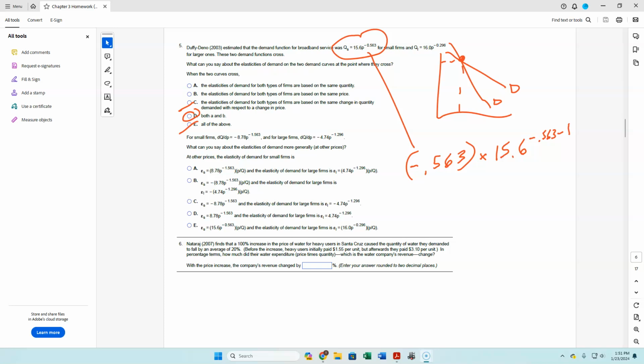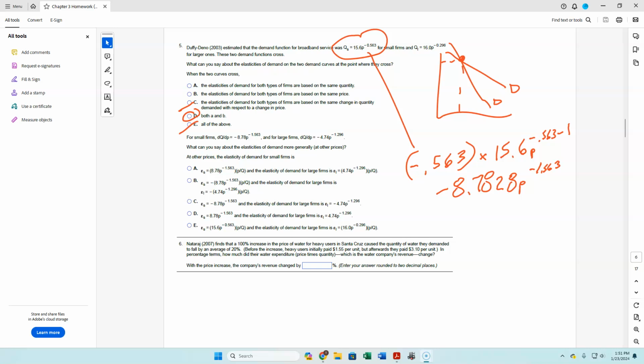Just to confirm for us here, 15.6 times 0.563 gives me negative 8.7828. And p to the negative 0.563 minus 1, that would be negative 1.563. So that's how they got that.